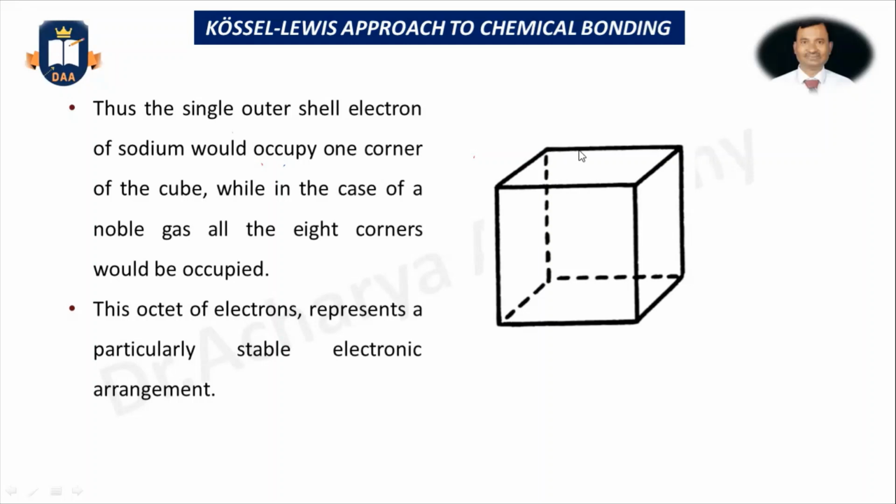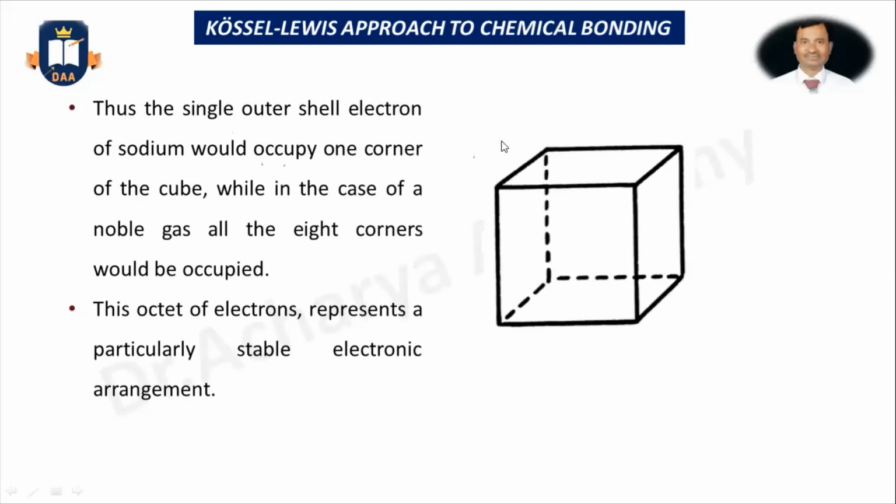But a noble gas has 8 electrons, for example neon and argon. Then all 8 corners of the cube will be occupied by these 8 electrons.